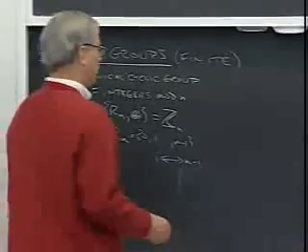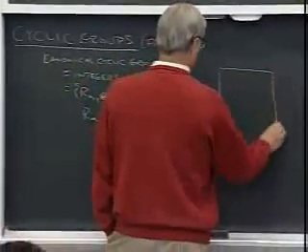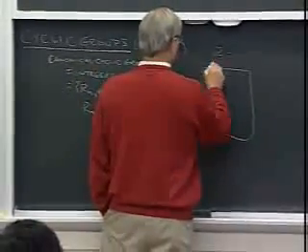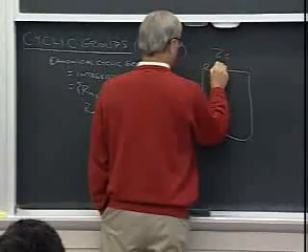And so the group table has a very boring form, which does satisfy the permutation property.